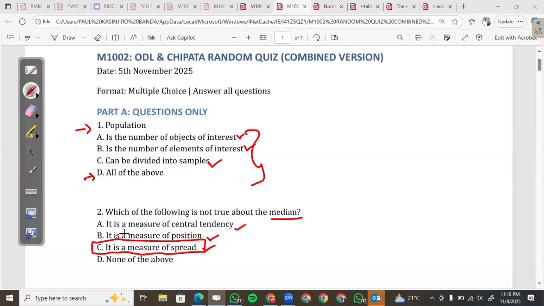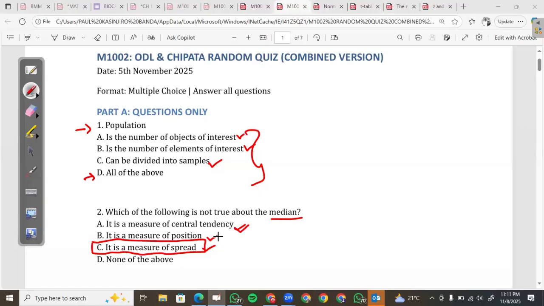The median does not measure the spread. The things that measure the spread are like when they ask you to find the range, or the variance, or the standard deviation. But the median does not measure the spread. It's a measure of central tendency, that we all know.